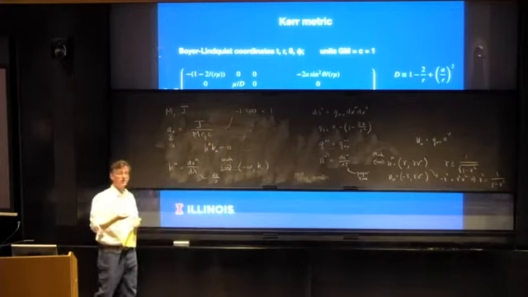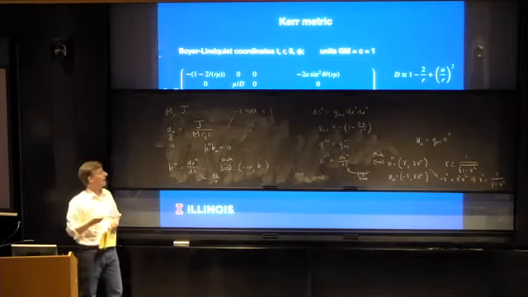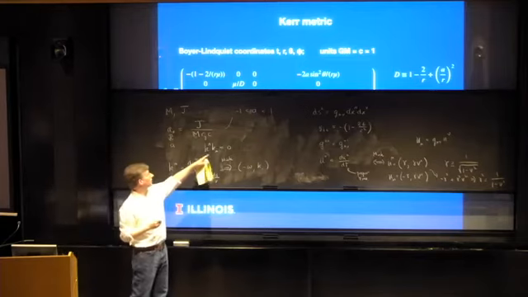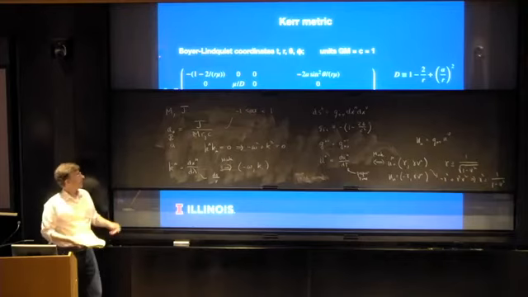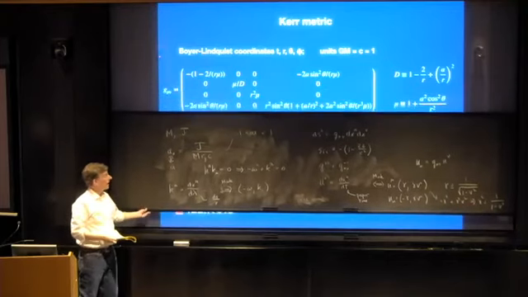So these are called null geodesics. If you work out what this means in Minkowski space and Cartesian coordinates, this implies minus omega squared plus k squared is equal to 0. So it's the dispersion relation for photons. That's what the null condition means.